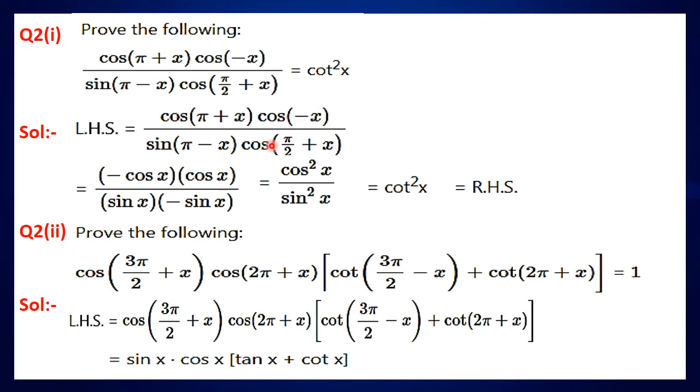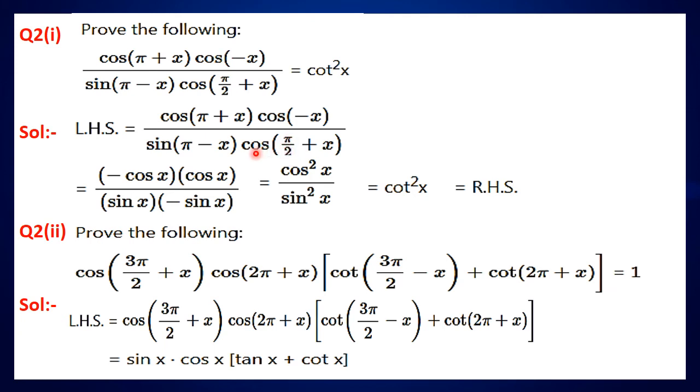So cos minus x is cos x, divided by sin pi minus x, which is in the second quadrant where sin is positive. Also it is an even multiple, so the same function, so sin x only will come. And cos pi by 2 plus x: pi by 2 plus x is in the second quadrant, cos is negative, and pi by 2 can be written as 1 into pi by 2, that is an odd multiple.